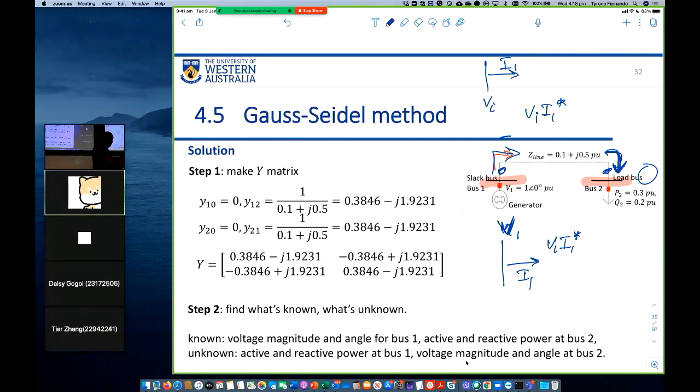We said externally what you inject must equal what flows inside the network. And if I want to know power loss in the line, I know what flows in and what flows out, and take the difference. I got the loss. So when we do power flow analysis, we attempt to find the voltage magnitude and angles at every bus, because once you know that, you can determine everything else.